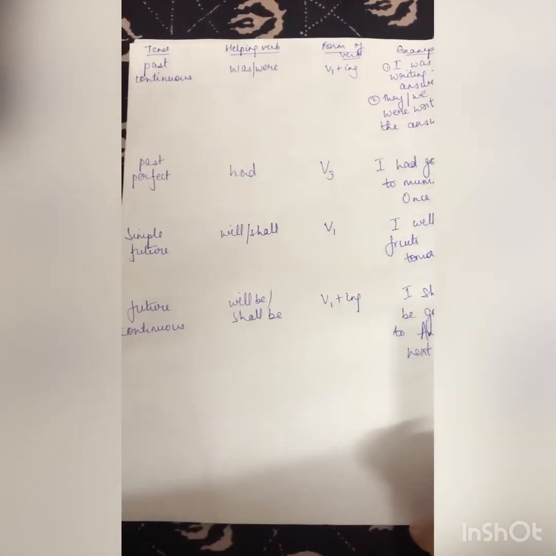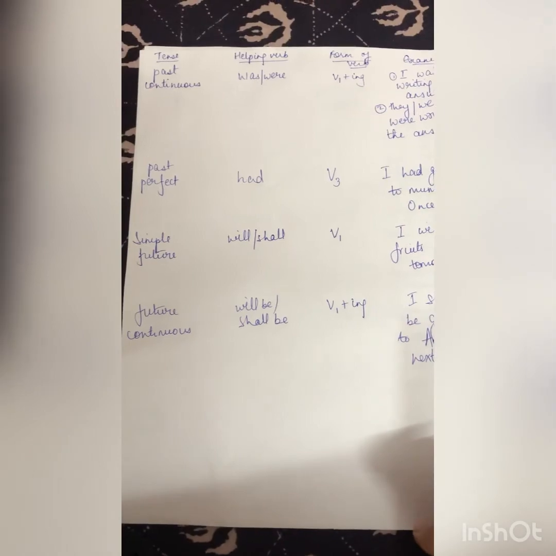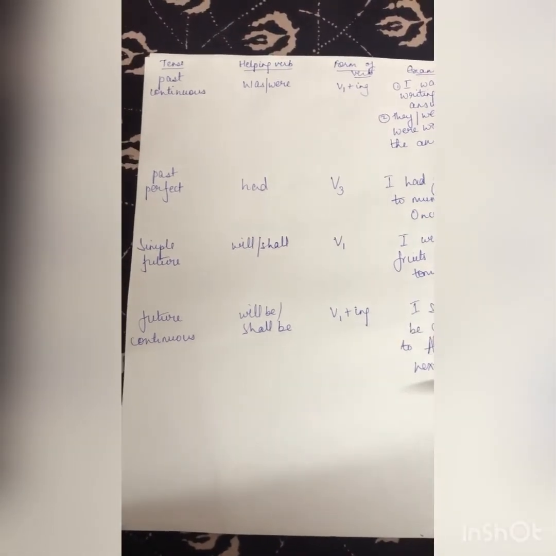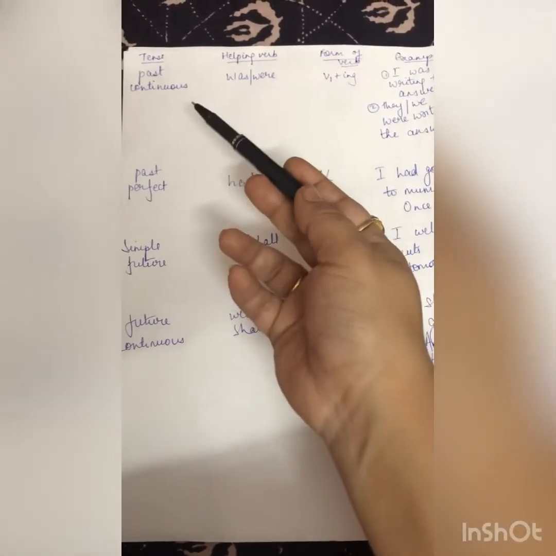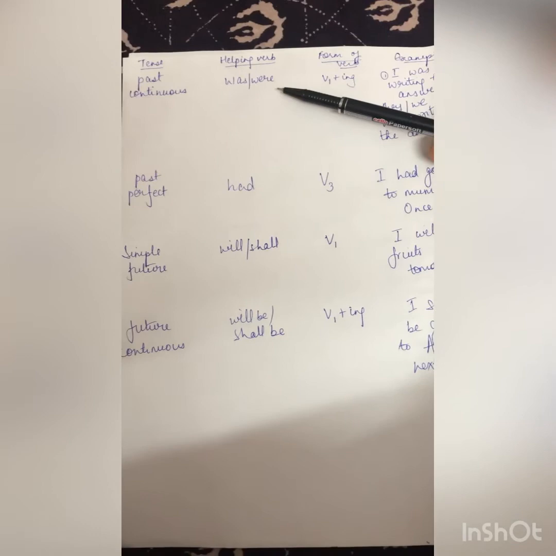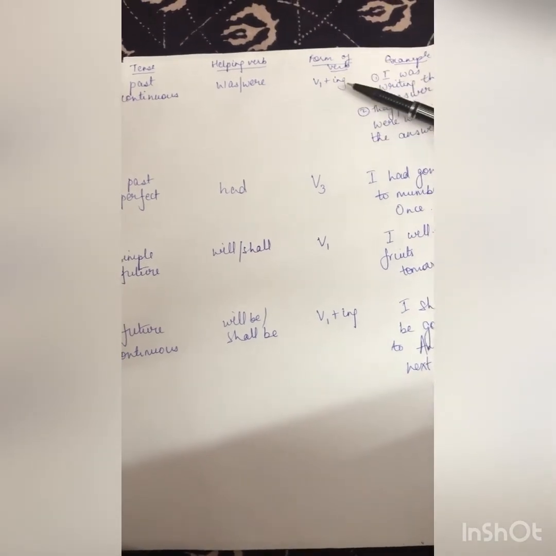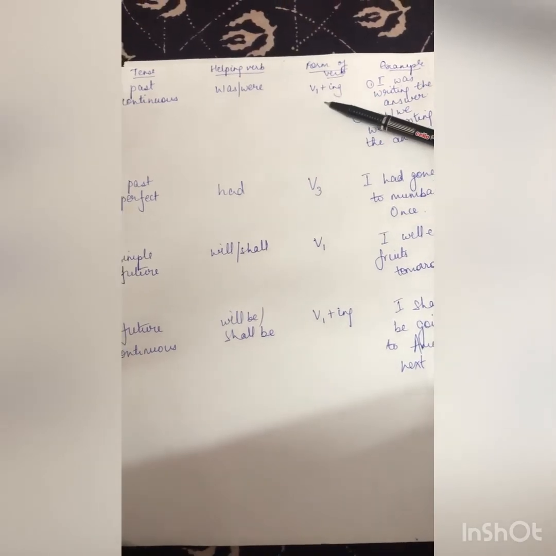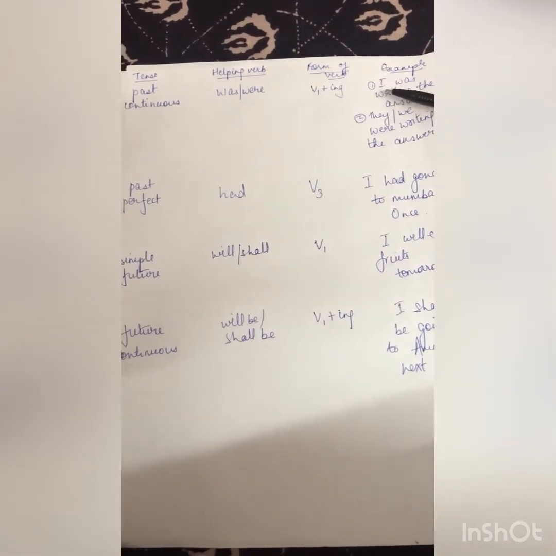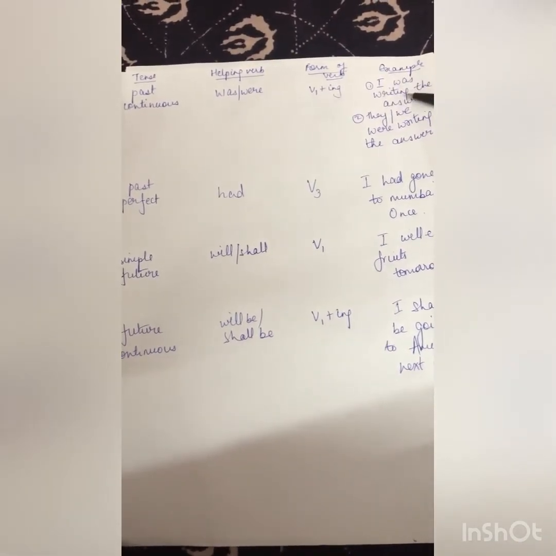Past continuous tense, children. It expresses an action that was going on or that was continuing at some point in the past. Now the helping verb, was or were according to the subject, and first form of verb plus ing. For example, I, singular subject, I was writing the answer.